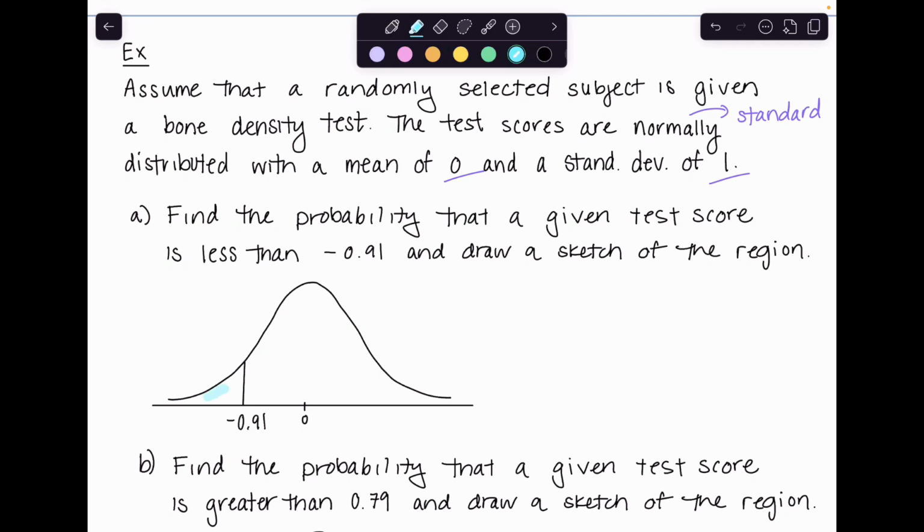So the area I'm searching for on my density graph is this. So we're going to look at the Z table to figure out what this area is. So if I call this A, we're going to use the Z table to find the area of A.